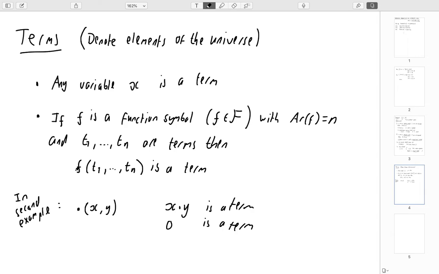Okay, so those are terms, and typically we use t, s, and u to range over terms.